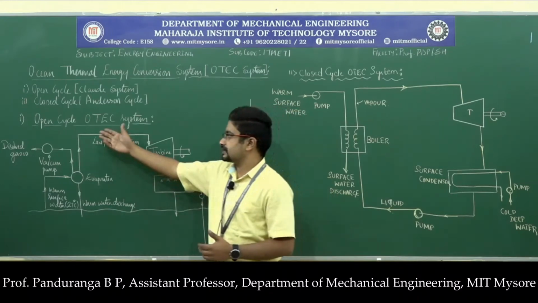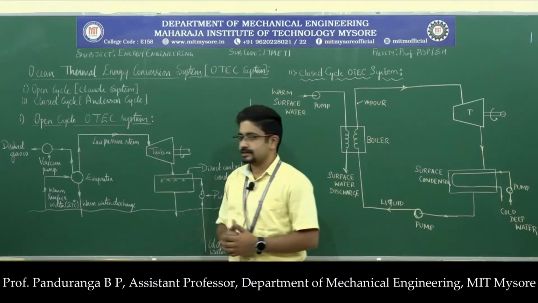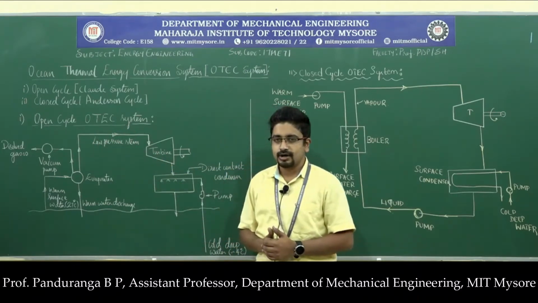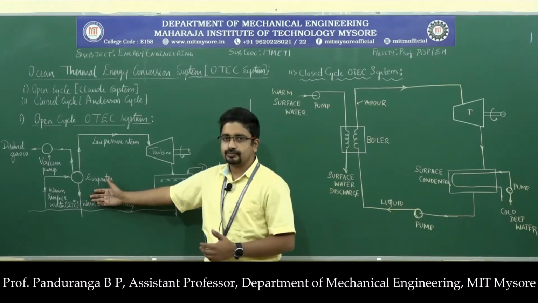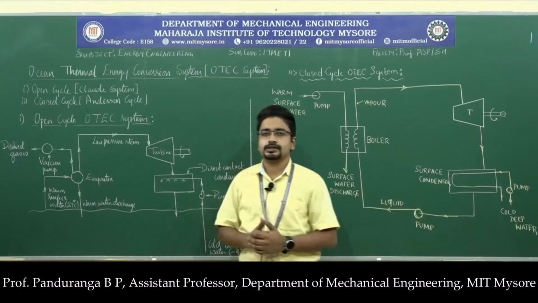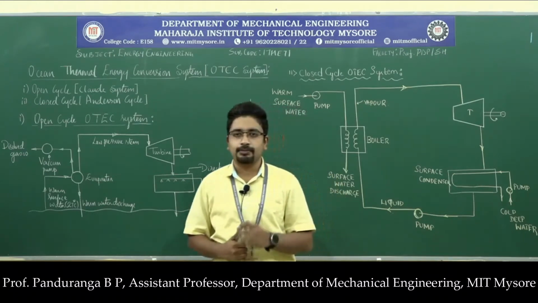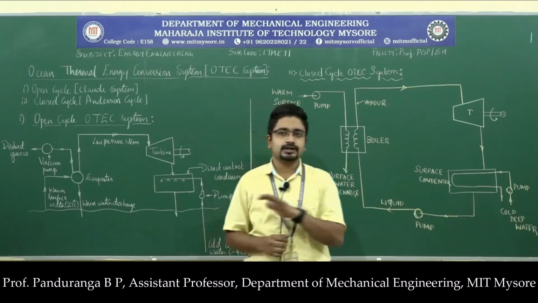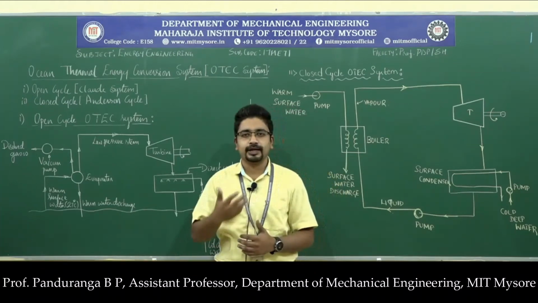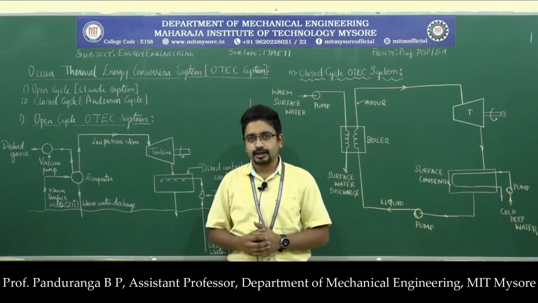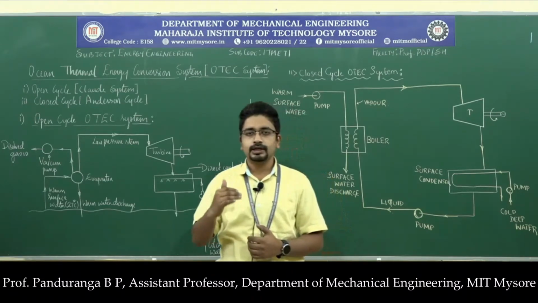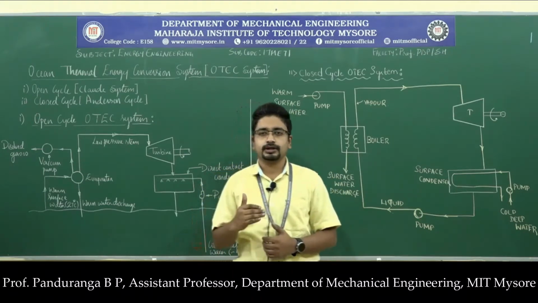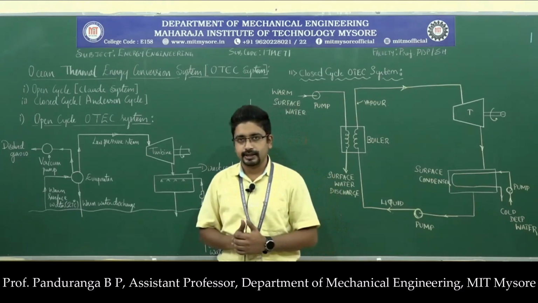In the first one, the open cycle OTEC system or Claude system, we have an evaporator, also called a flash evaporator. Here we are not supplying any heat energy to evaporate water. What we are doing is reducing the pressure below the boiling pressure of the water at that given condition.